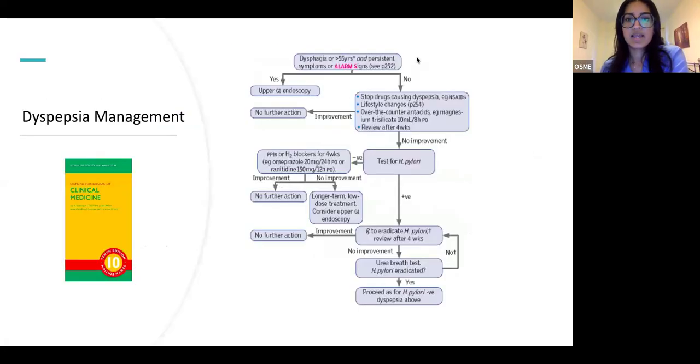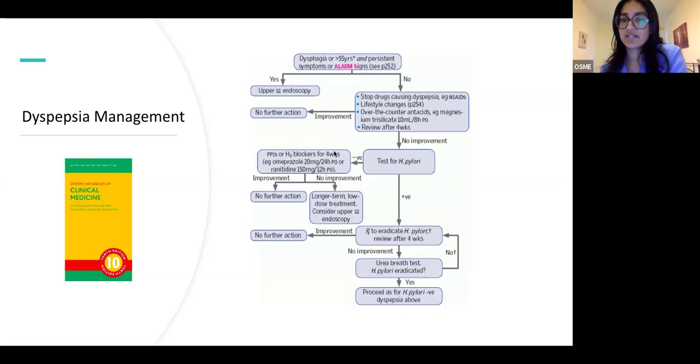So yeah, here is a useful flowchart in terms of the management of dyspepsia. Just to review this quickly, because it's a really important concept: if they have these red flags, you immediately send them for endoscopy. If they don't, then it's lifestyle modifications. If they don't work, you test them for H. pylori.